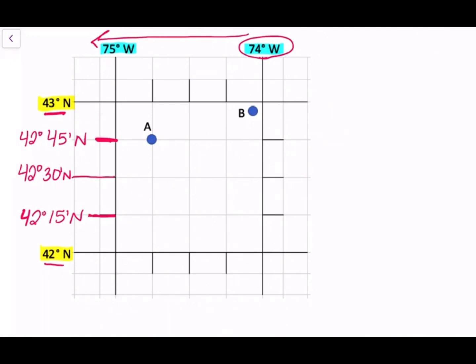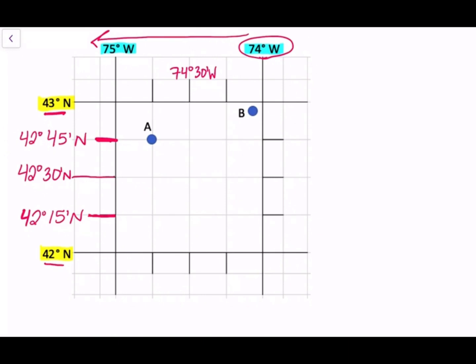So I'm going to start with the middle, so halfway between 74 and 75. Half of 60 minutes is 30 minutes. 74 degrees, 30 minutes west.